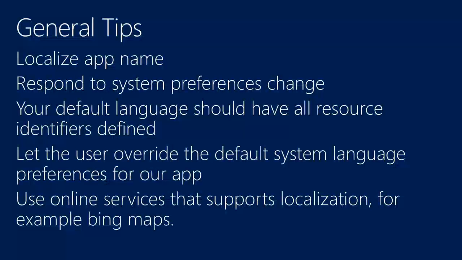Your default language should have all the resources. This is very important because, for example, when I was building an application for an RTL language, the default flow direction was left to right.